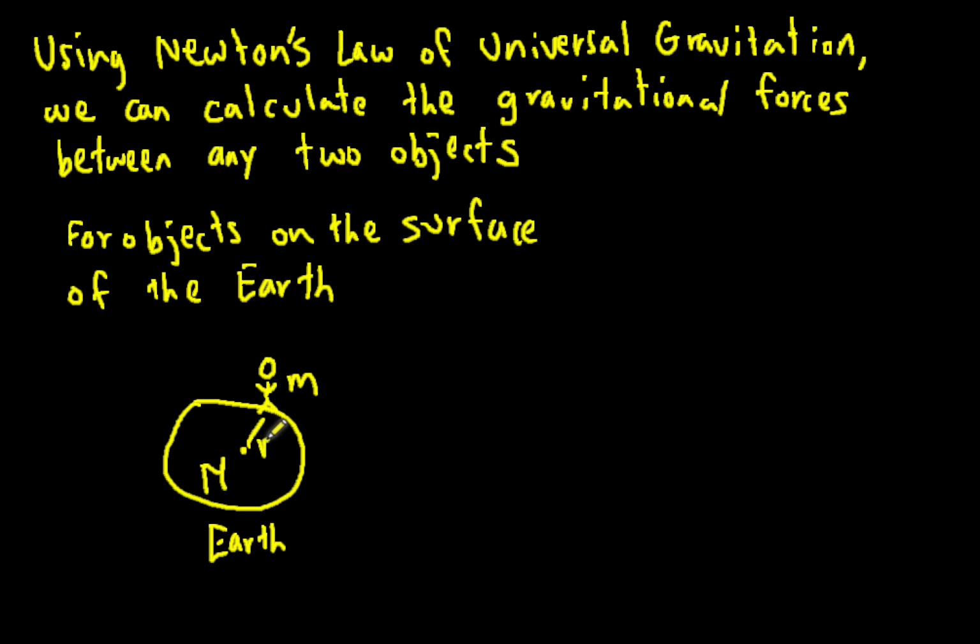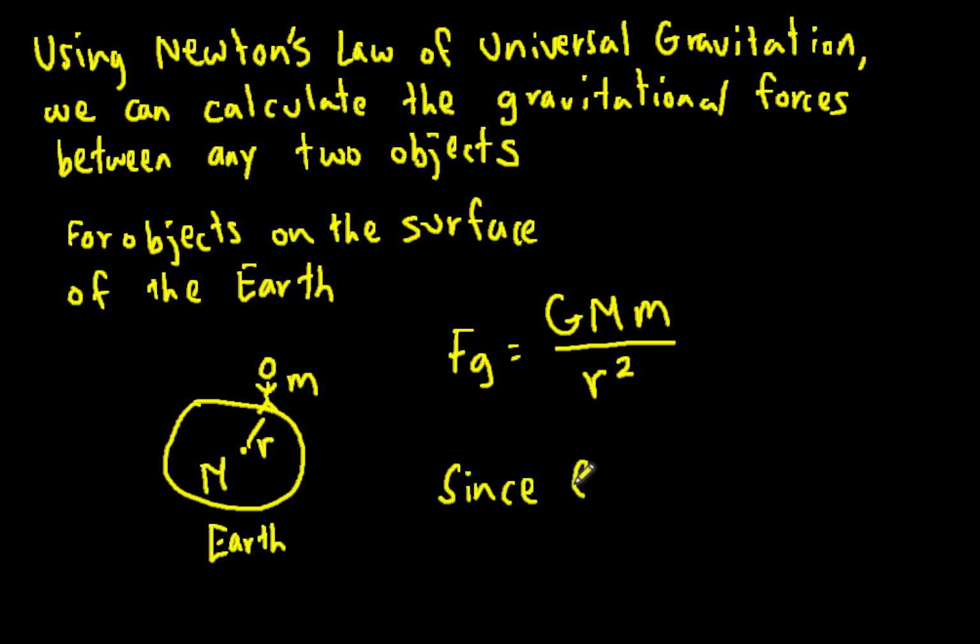And the radius of the Earth, the distance from the surface to the center. The formula is Fg equals G M m divided by radius squared. But for the surface of the Earth, capital G, the mass of the Earth, and the radius of the Earth are always the same.